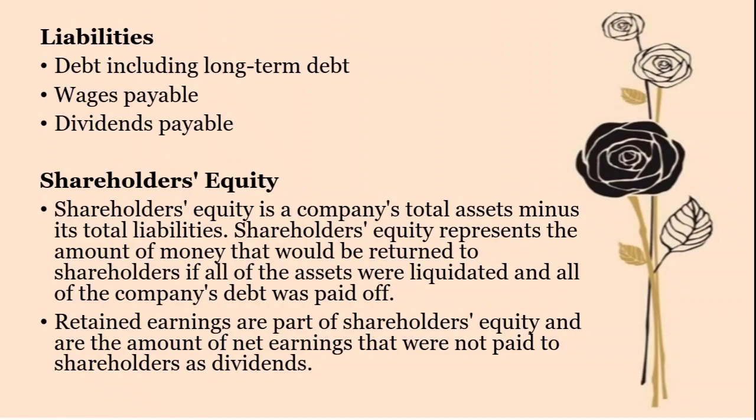So last is the shareholders' equity. Shareholders' equity is a company's total assets minus its total liabilities. Shareholders' equity represents the amount of money that would be returned to shareholders if all of the assets were liquidated and all of the company's debt was paid off.